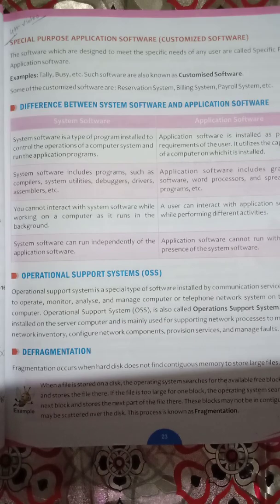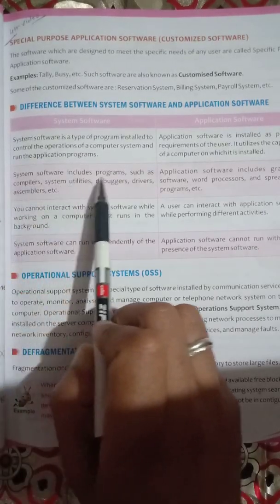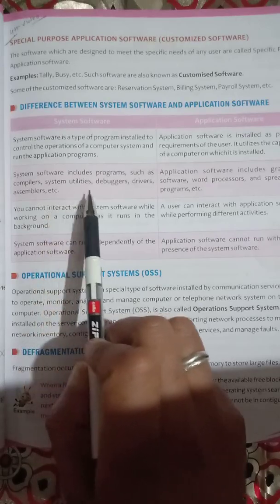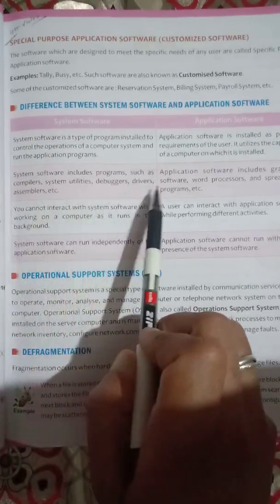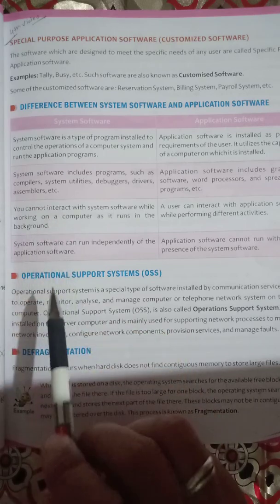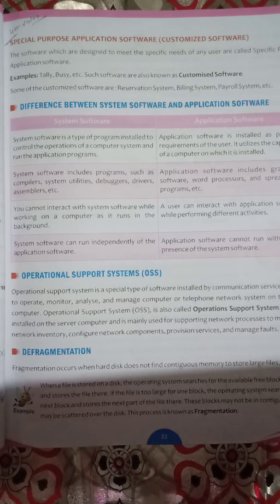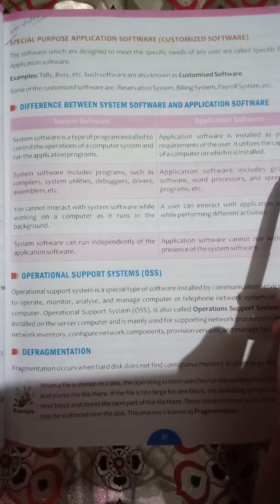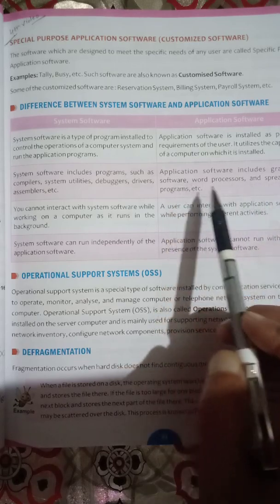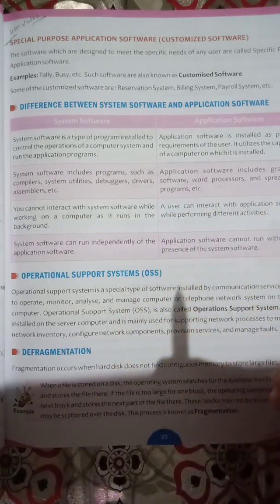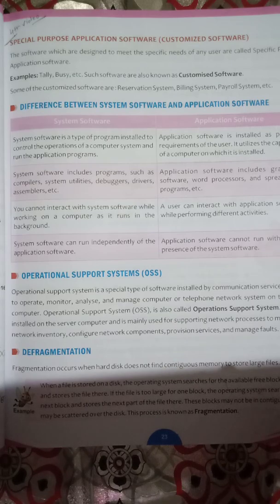Next, system software includes programs such as compiler, system utility, debugger, drivers, assemblers, etc. And application software includes graphics, means pictures, word processor and spreadsheet programs. These all are examples of application software.